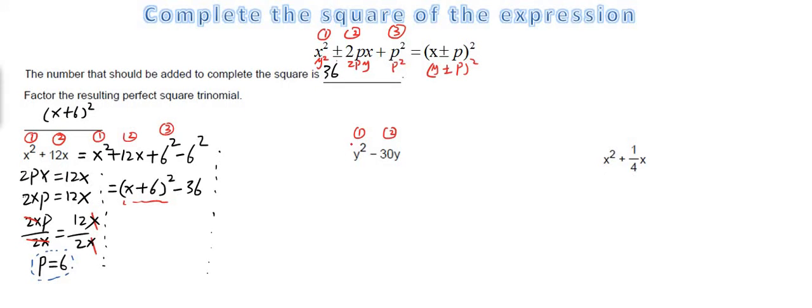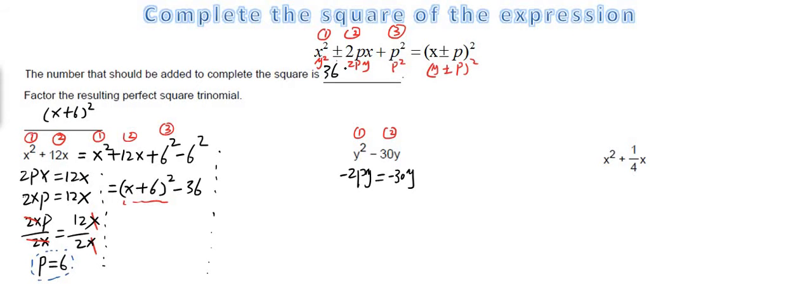Now we're gonna follow the same strategy. Here the first term is the same. The second term here is negative, because here is a negative: negative 2py equals negative 30y.